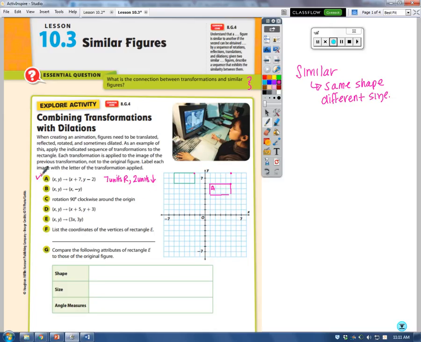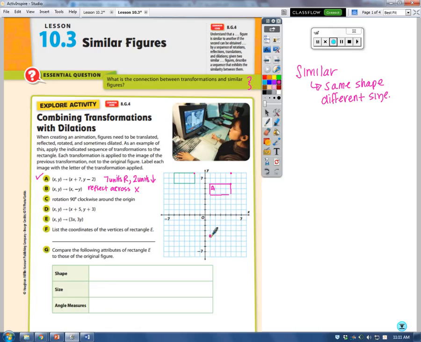Okay, then we're going to go ahead and do our transformation for B, which is a reflection across the x-axis. So I'm going to count my perpendicular distance from my line of reflection, which in this case is my x-axis. 1, 2, 3, 4, and I'm going to go 4 in the opposite direction. 1, 2, 3, 4.